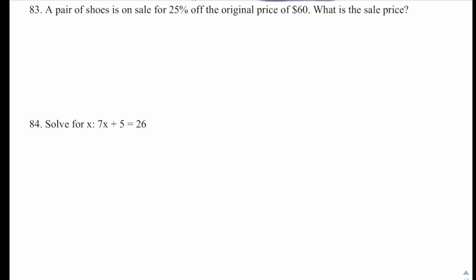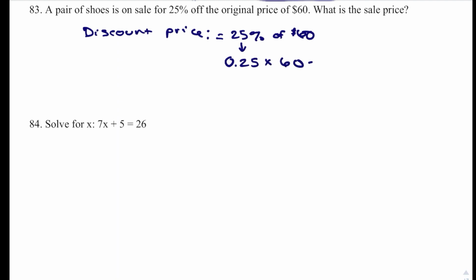83. A pair of shoes is on sale for 25% off the original price of $60. What is the sale price? So the discount price is going to equal 25% of $60. So in order to figure that out, our 25 becomes 0.25, and we multiply that by 60, which is going to be $15.